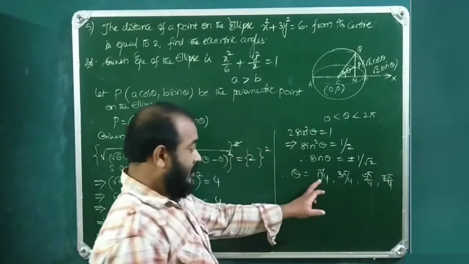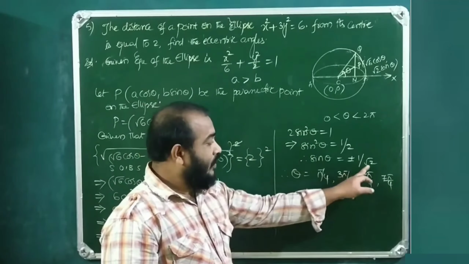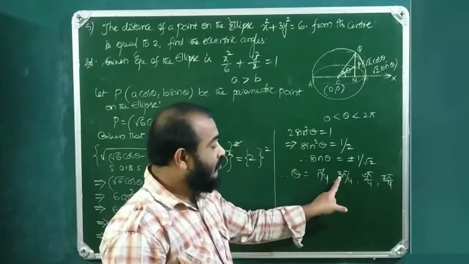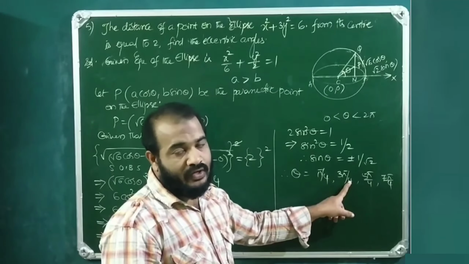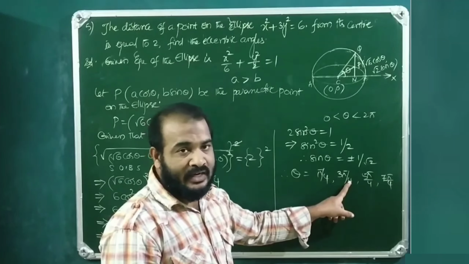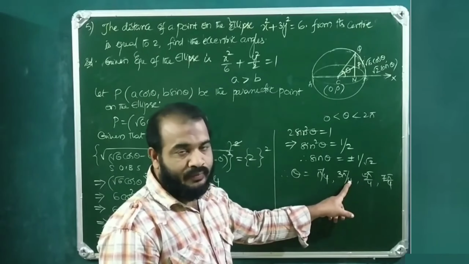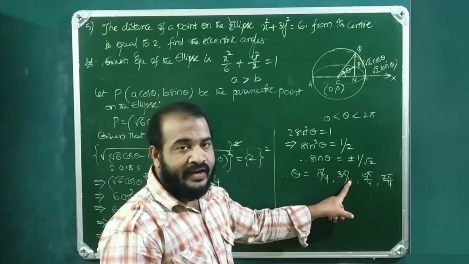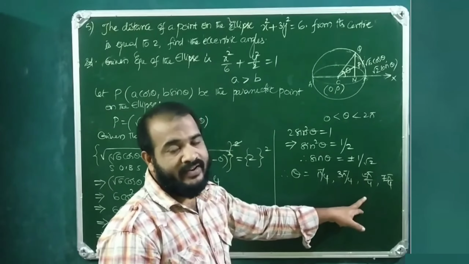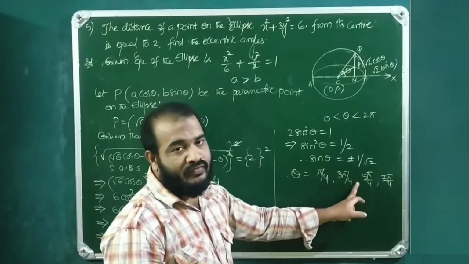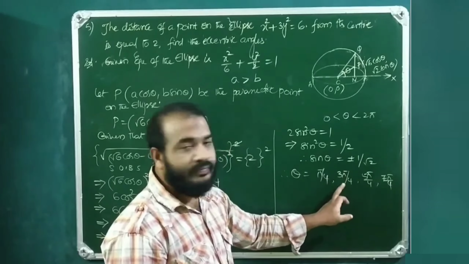Because sin 45 is 1 by root 2, plus 1 by root 2. Sin 135 is sin 180 minus 45, the second quadrant. In second quadrant, sin is positive. So sin 180 minus 45 is sin 135, sin 45, which is still 1 by root 2.